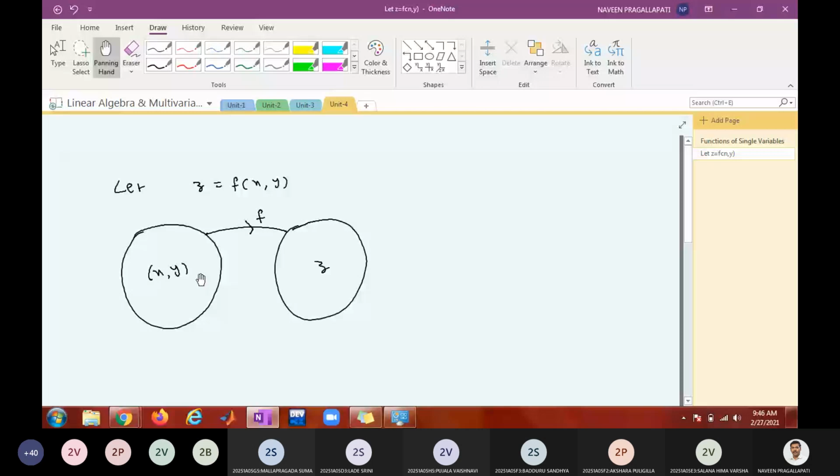How do you call this notation? This is a function. I'm asking only this. What do you call this notation?